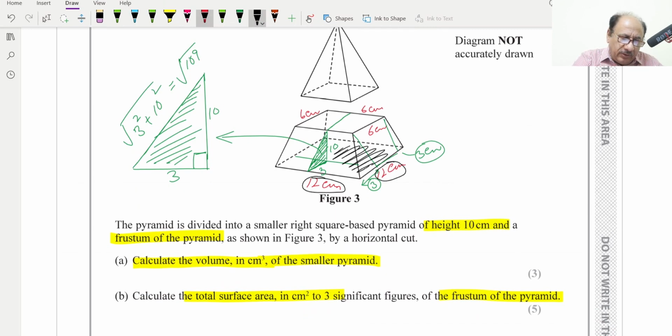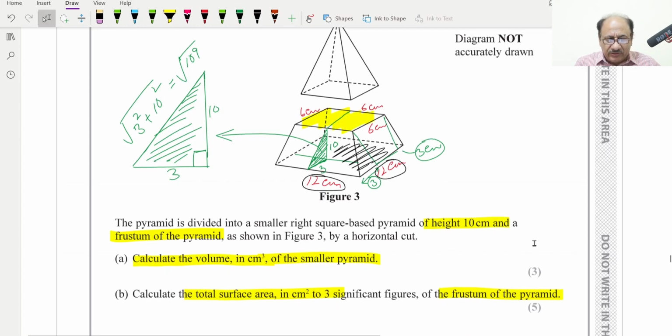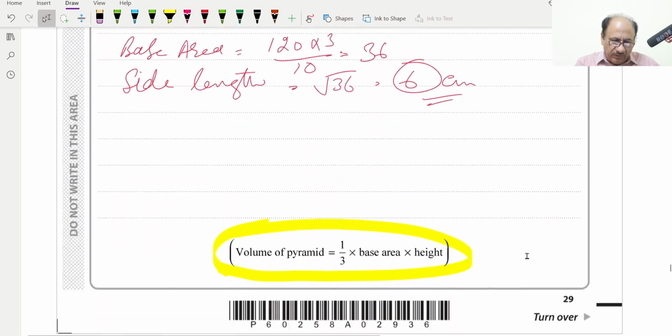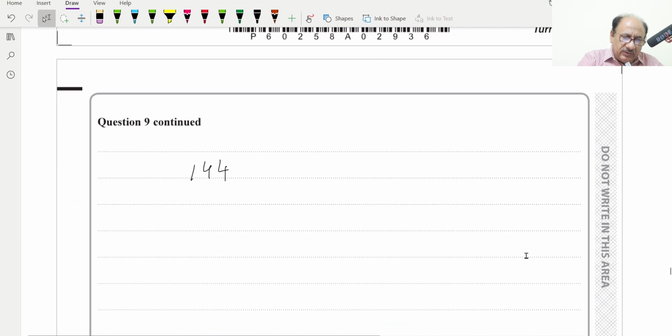And the top one, this top surface area, is 6 into 6, which is 36. So I will add this surface area, 6 into 6, which is 36.